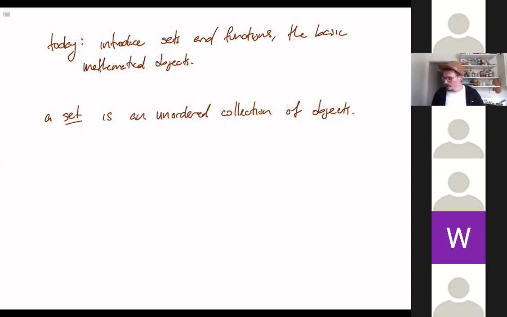So let's introduce some notation. The objects that are in a set are called its elements.